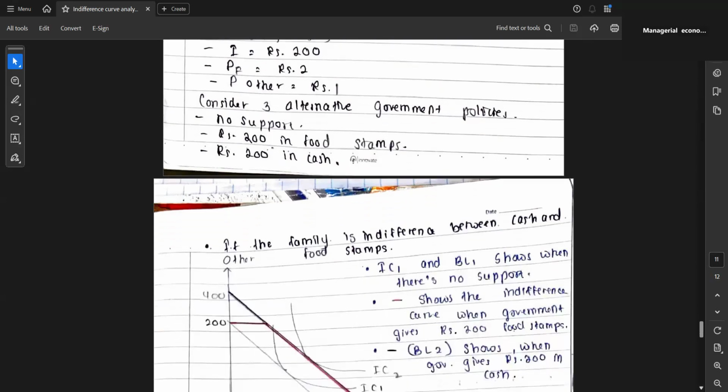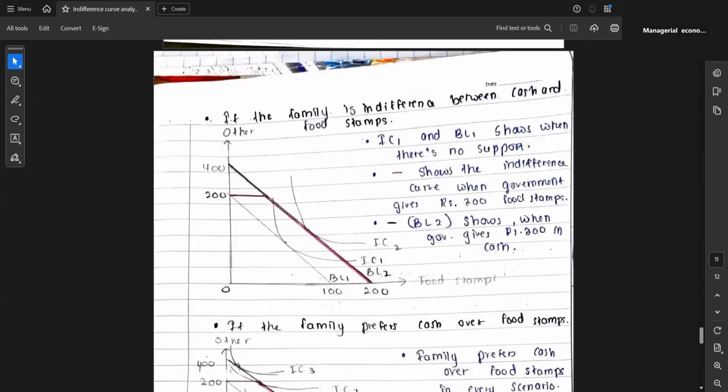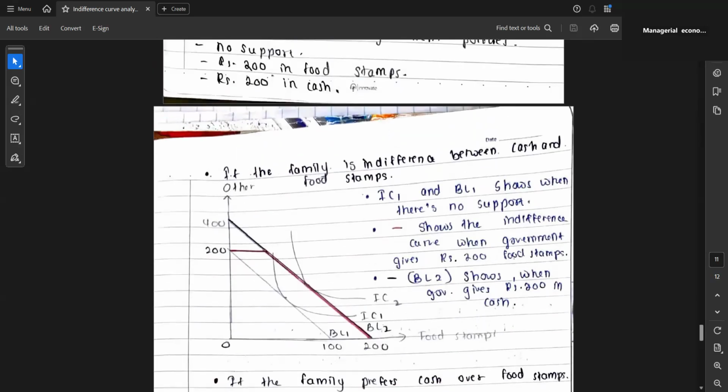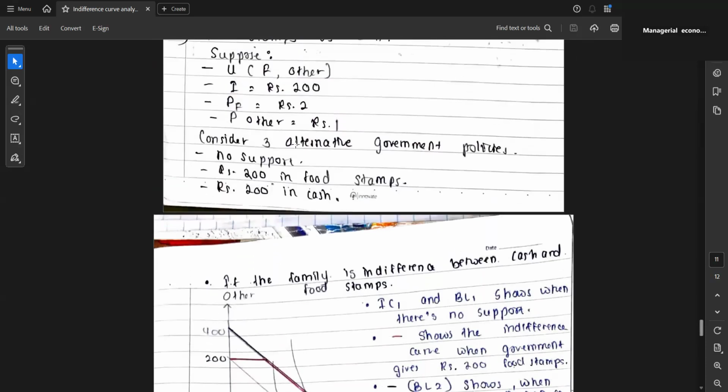We have to indicate each of these government policies through an indifference curve. So first, no support. If you have no support, the price of the other goods is given as 1 rupee, the price of food stamps is given as 2, and the fixed income level is 200 rupees.